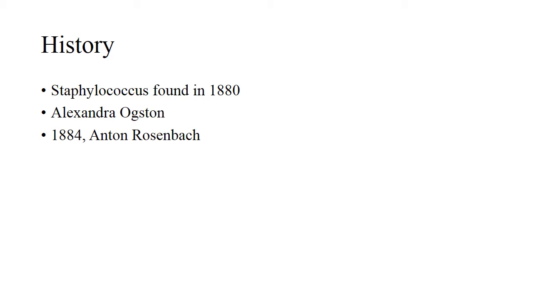In 1884, Anton J. Rosenbach, a German surgeon, isolated two strains of Staphylococci, which he named for the pigmented appearance of their colonies: Staphylococcus aureus, as I said, aureus is the Latin name for gold, and Staphylococcus albus, which is now known as Staphylococcus epidermidis, albus meaning white in Latin.